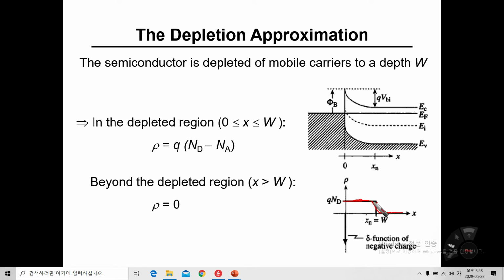But this missed area would be matched to this area: one, two. The total area is identical. There is a very complicated equation to derive this, but I don't want to go over it.